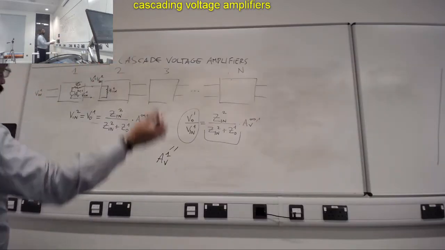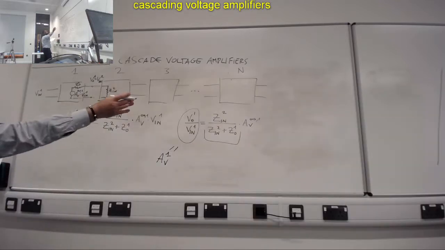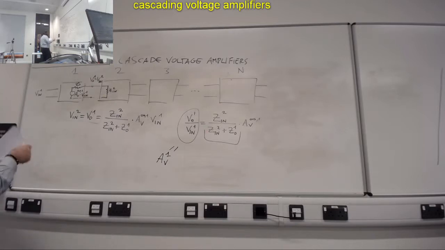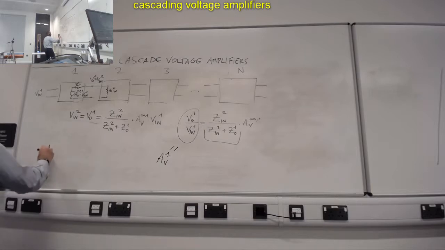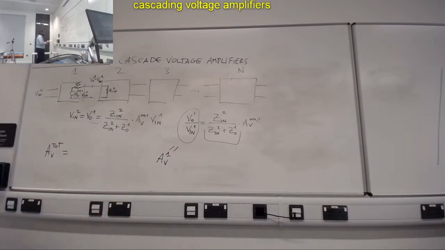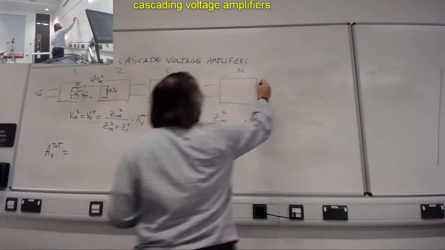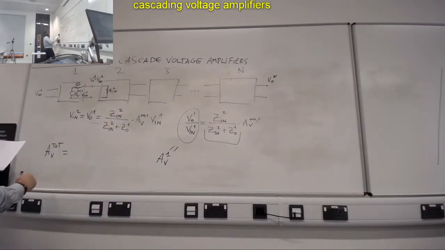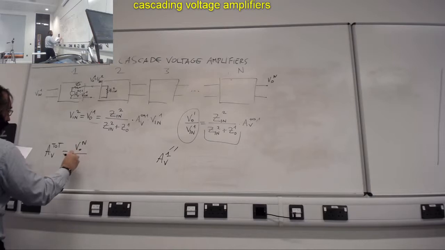And so the total amplification of the entire stage, if we had n of those, AV total, is the V output n at this point over V in 1.